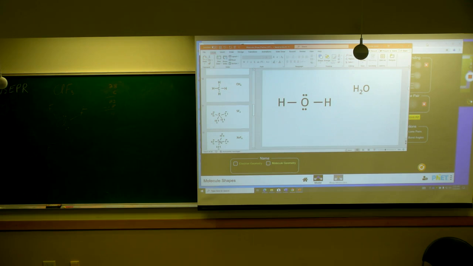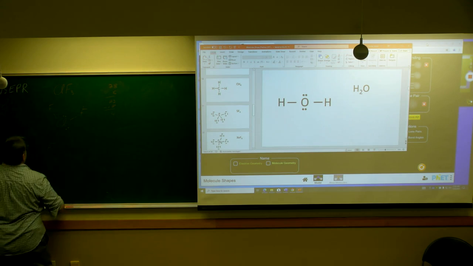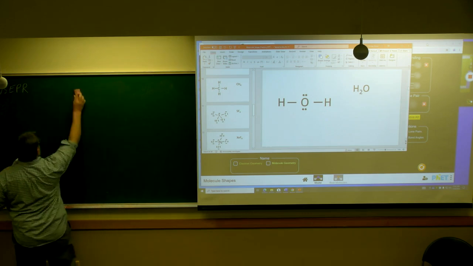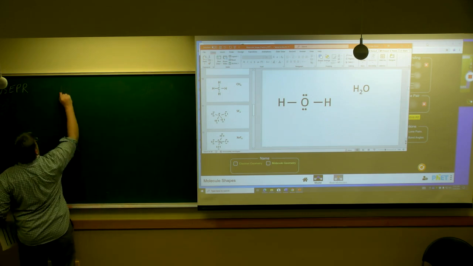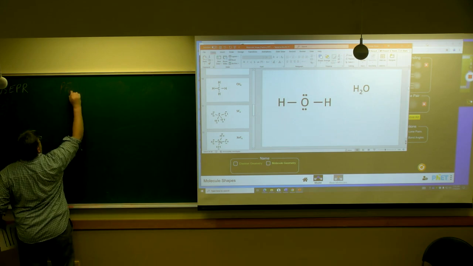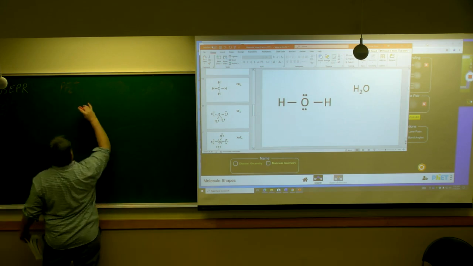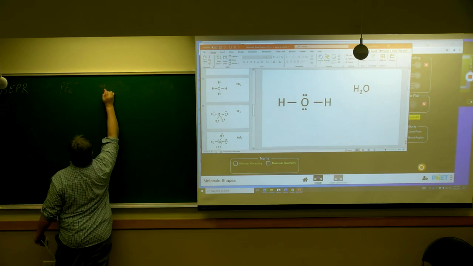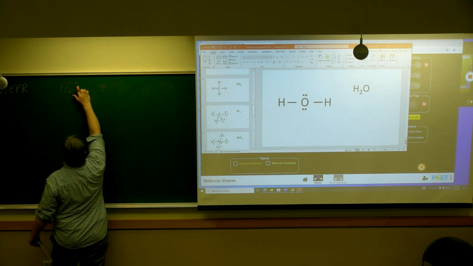SF6, we already did that. PF6 negative. When it's negative, we're going to add an extra electron. 6 times 7 is 42 from the fluorines, plus 1 from this negative.